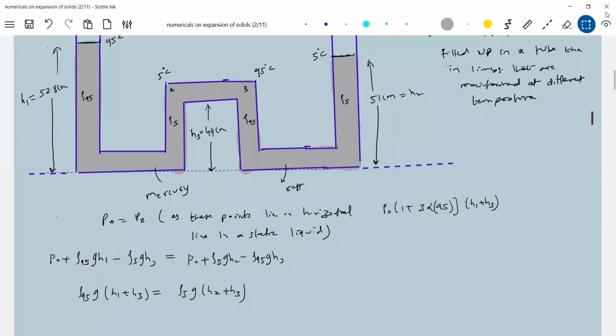What is rho naught? Density of mercury at 0 degrees. We don't know, okay, let it be here. So is that formula okay? 3 alpha, coefficient of linear expansion, or gamma if you want, you can find out. What is gamma? Gamma should be equal to 3 alpha. So this should be equal to rho naught times 1 plus 3 alpha into 5, times H2 plus H3.